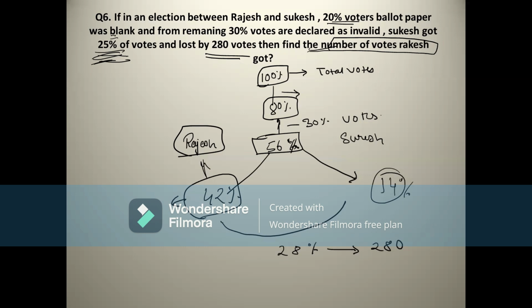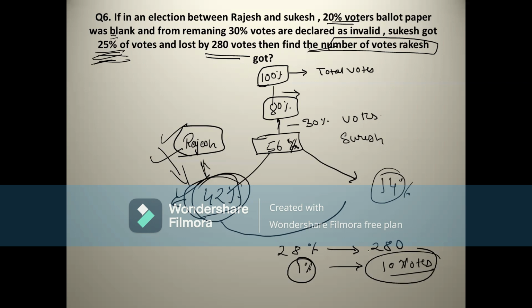You have the value of 28%, which is 280, so first find the value of 1%, which will be 10 votes. So 42% of the votes means 42 into 10, which will be 420 votes. So Rajesh got 420 votes.